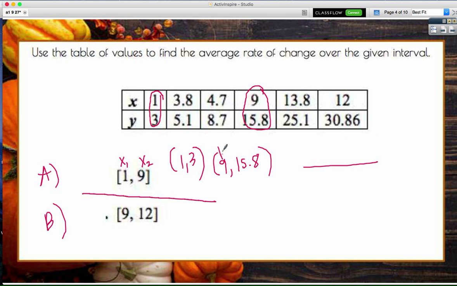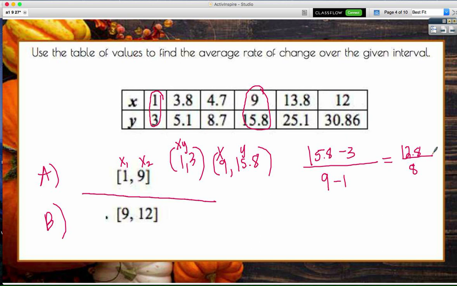That's an x and a y value in the same point. Yes, Ramy? 15.8 minus 3. Yeah, that's what I was trying to say. And then, Miss Bailey, what goes on the bottom? 9 minus 1. Okay. So when we simplify this, 15.8 minus 3 leaves us with 12.8 over 9 minus 1, which is 8.